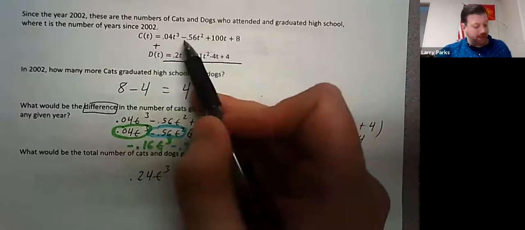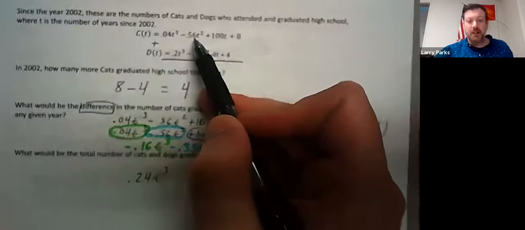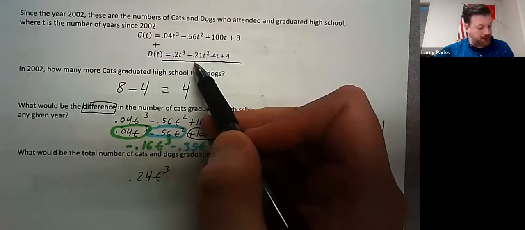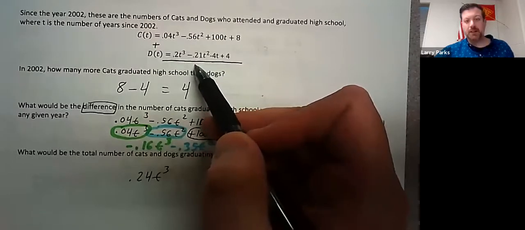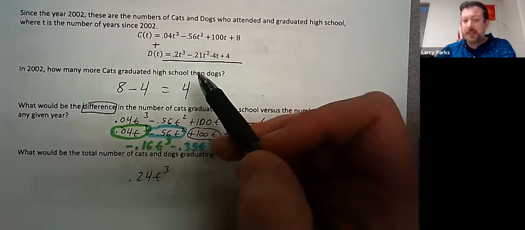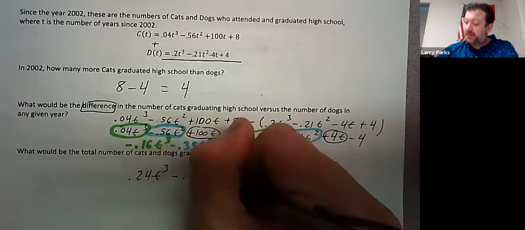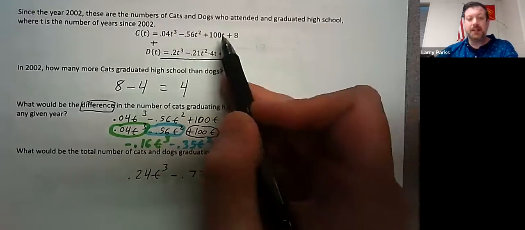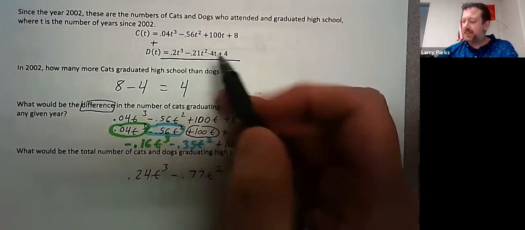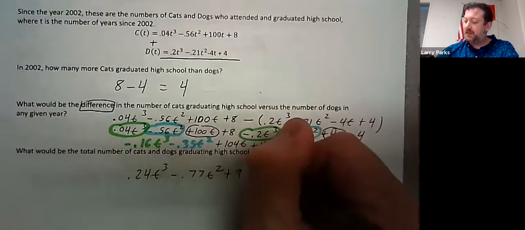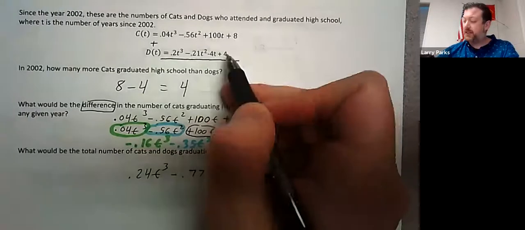And then negative 0.56 plus negative 0.21. Again, I can do that in my head. I don't know why I'm typing any of this in. That's negative 0.77 t squared. And then 100 plus negative 4, that's 96. 8 plus 4, that's 12.